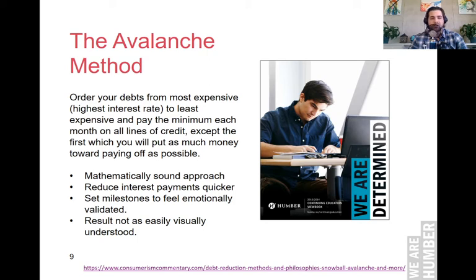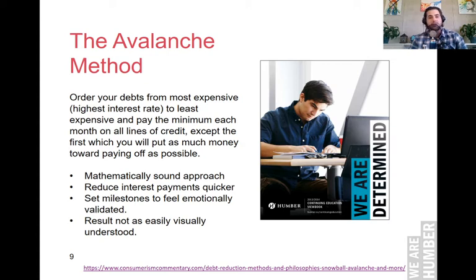In order to succeed, because one of the downsides of this is you don't feel as emotionally validated, so you're not knocking off the number of lines of credit or debts that you owe faster. You want to set milestones to feel emotionally validated.